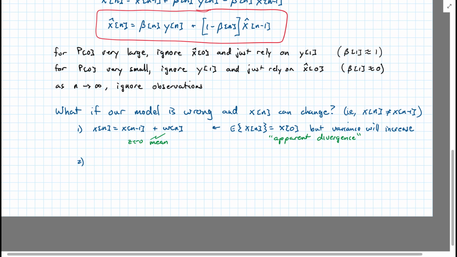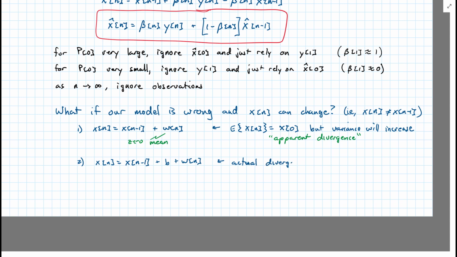The other type is we can have actual divergence. If we have something like xn is equal to xn minus 1 plus some constant plus noise, for example, in this case, we will have actual divergence.